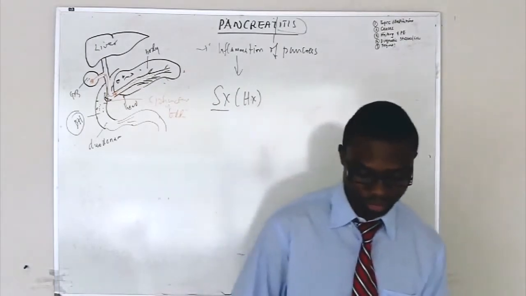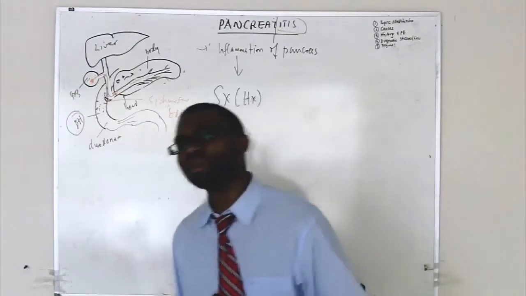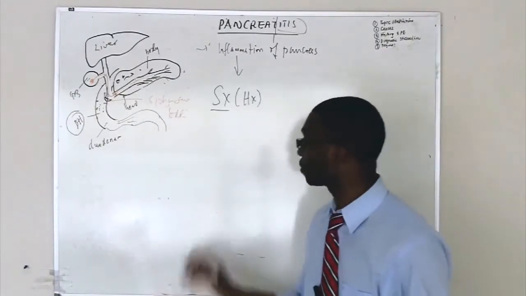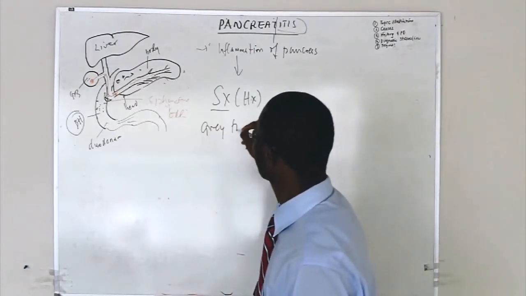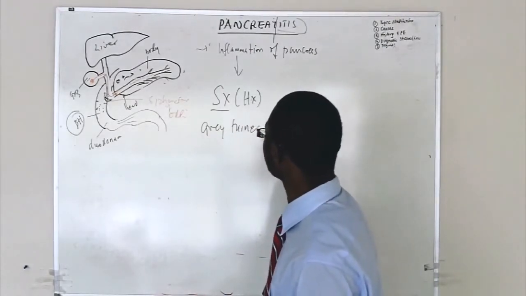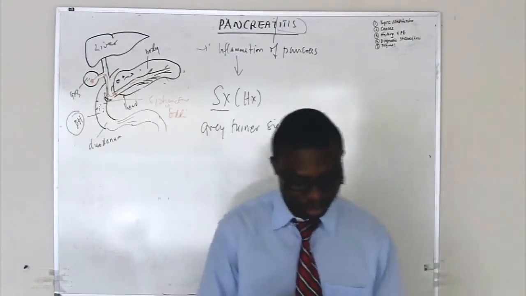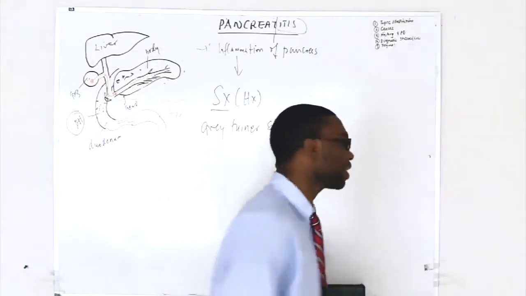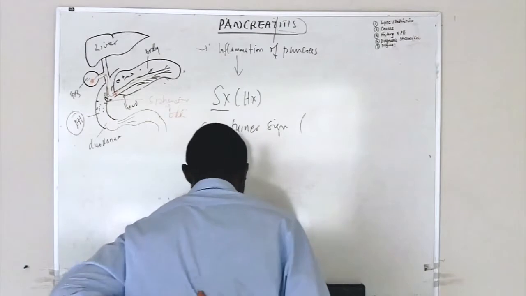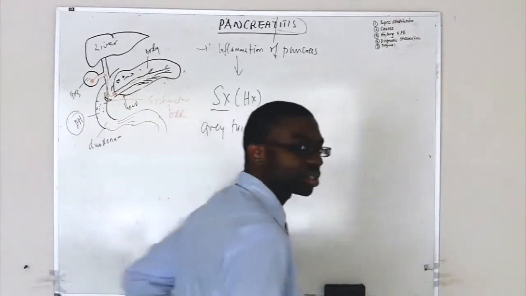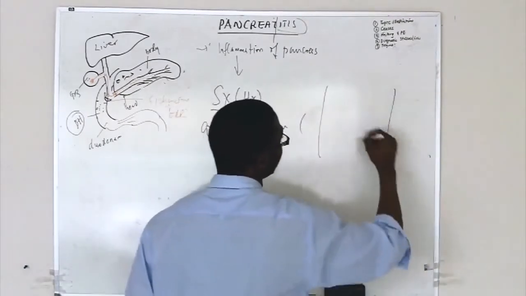You want to watch out. There are two signs. I've never seen them. Hopefully I see one one day. I think most likely you're going to see this with hemorrhagic pancreatitis from traumatic injury. The Grey Turner sign. That's the first one you need to know. You look at their back and you see this ecchymotic-looking patch in their lower back.